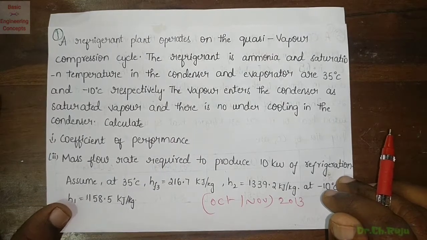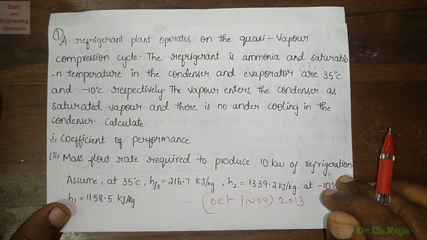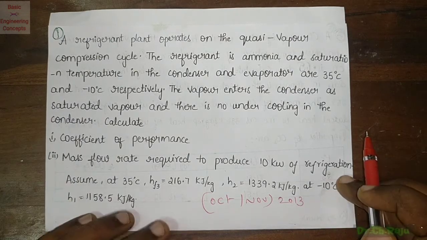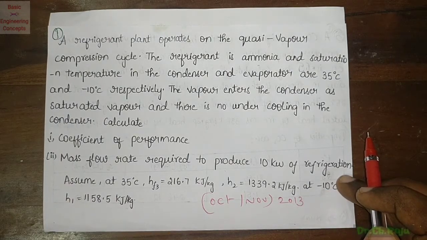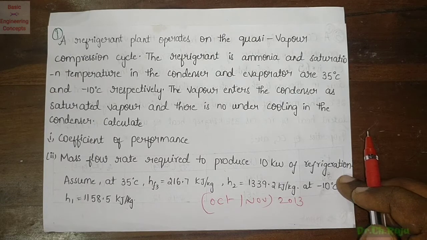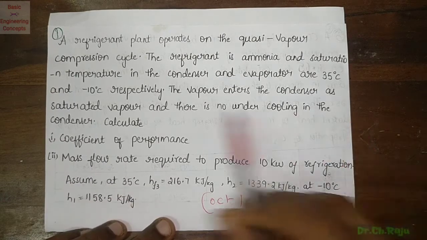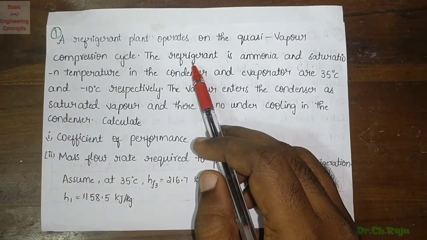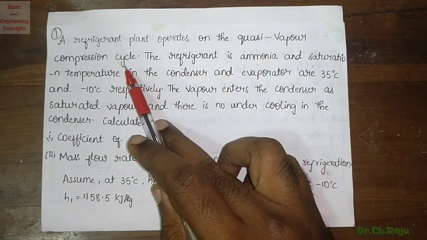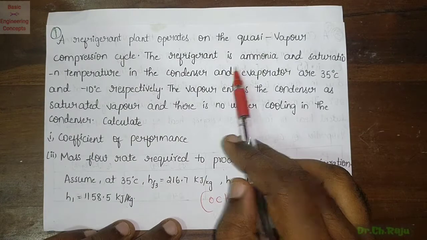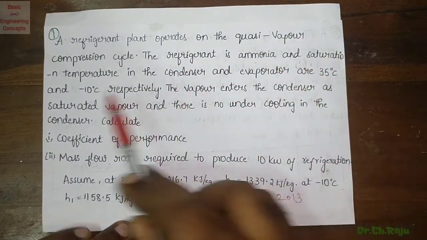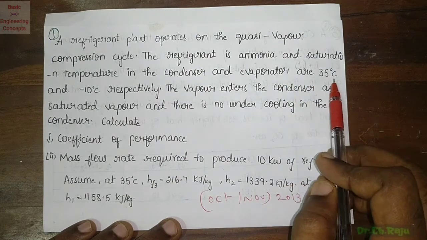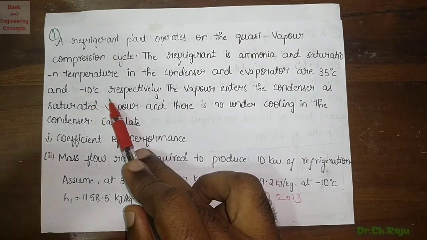In this session, I want to solve some simple problems related to the vapor compression refrigeration system. Here, one example is a refrigeration plant operates on a vapor refrigeration cycle. The refrigerant is ammonia and saturation temperatures in the condenser and evaporator are 35 degrees and minus 10 degrees respectively.